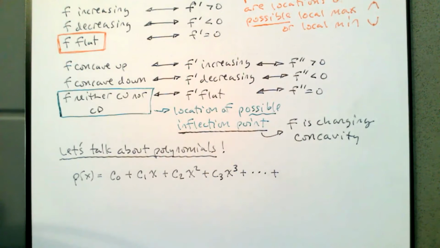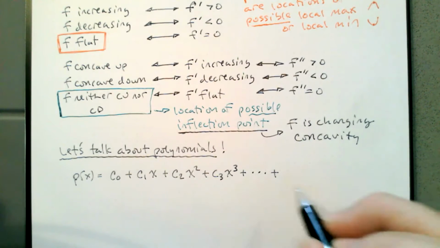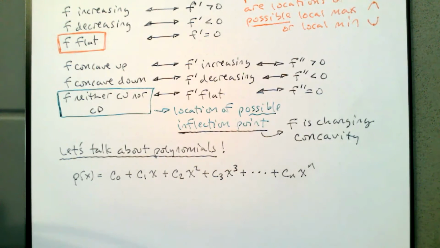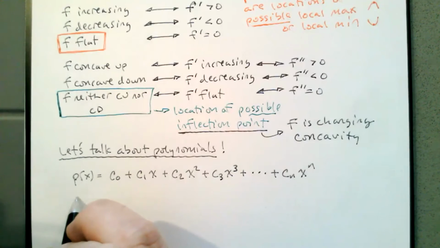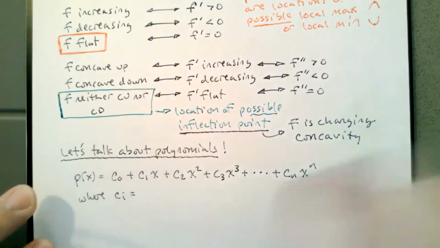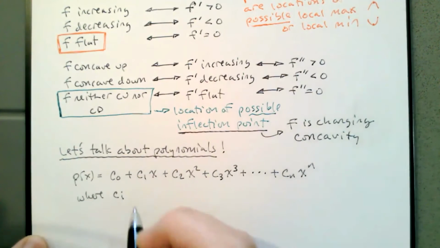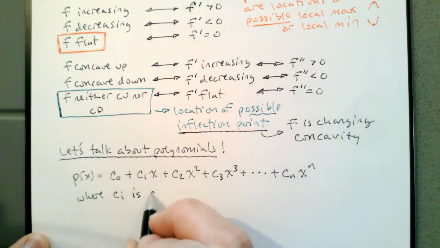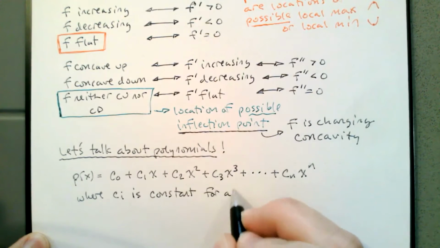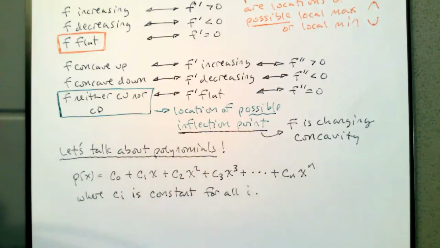The important thing to note about a polynomial is that there is going to be some highest power of x. So it'll stop at c sub n x to the n, where c is a constant. So this is what a polynomial looks like.